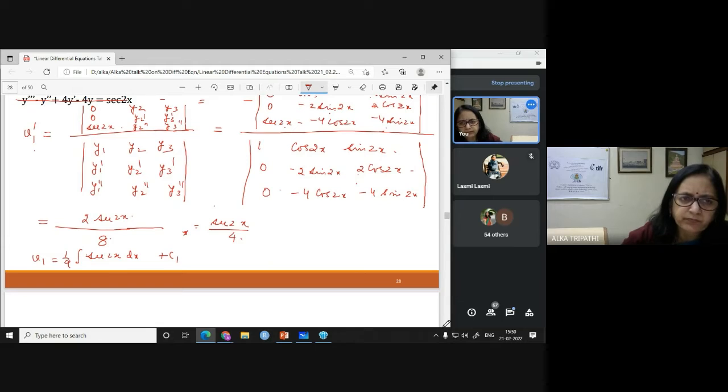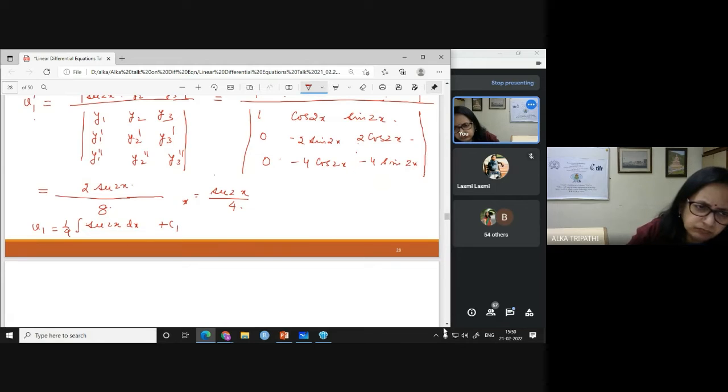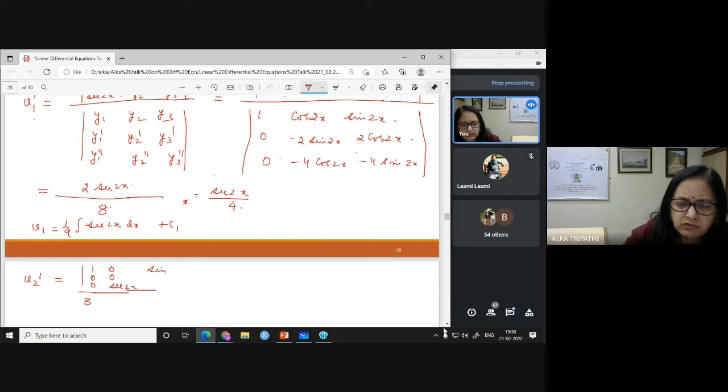Similarly, v2 dash will be: the denominator will be the same, so it will be 8, and the numerator we will write, first column 1, 0, 0, second column 0, 0, sec 2x, third column sin 2x, 2 cos 2x, minus 4 sin 2x.